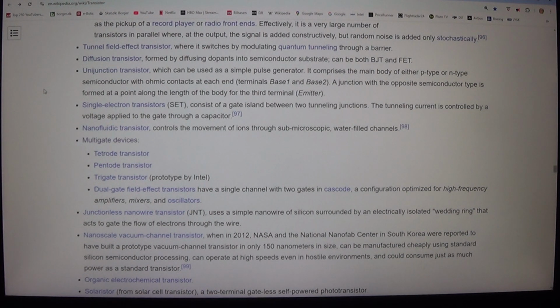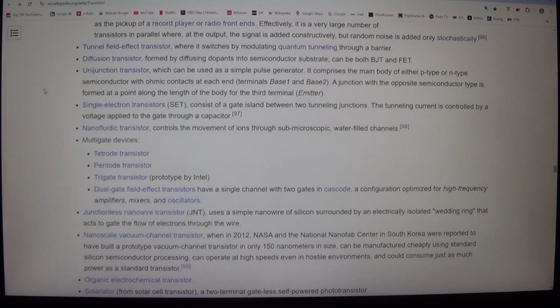Single electron transistors, SET, consist of a gate island between 2 tunneling junctions. The tunneling current is controlled by a voltage applied to the gate through a capacitor. 7. Nanofluidic transistor, controls the movement of ions through submicroscopic, water-filled channels.